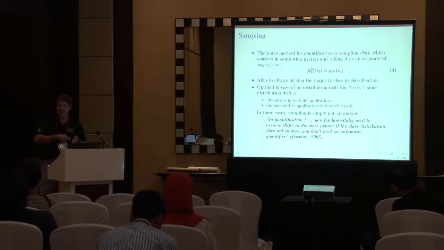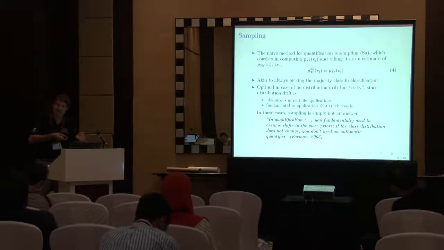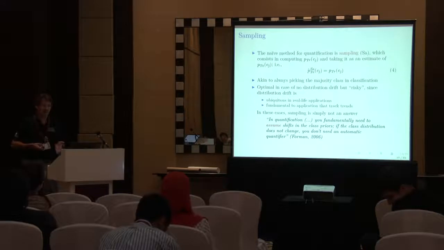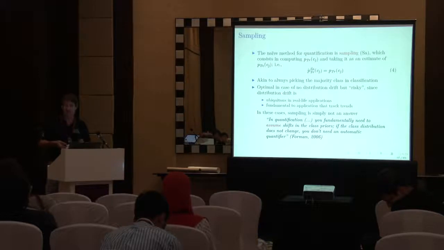Because a data set where class priors don't change, first of all, it's probably a fairly artificial data set, but then it's not a good data set for studying quantification methods, okay? So when there is an interest, say, in monitoring class prevalences across time, you should prefer a system which is not optimal in the case when the environment is stationary and does some mistakes, but a system which performs reasonably well when your environment changes, okay?